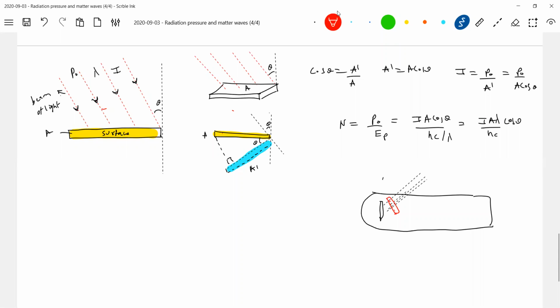Make theta 0 and the radiation will be incident normally. If theta increases, the number of photons incident will decrease. So if the emitter, instead of being vertical, is oriented normal to the incident beam, then the number of photons incident on it will increase.